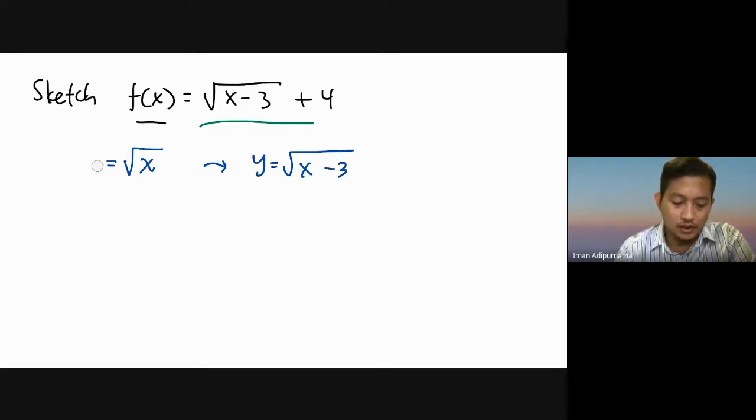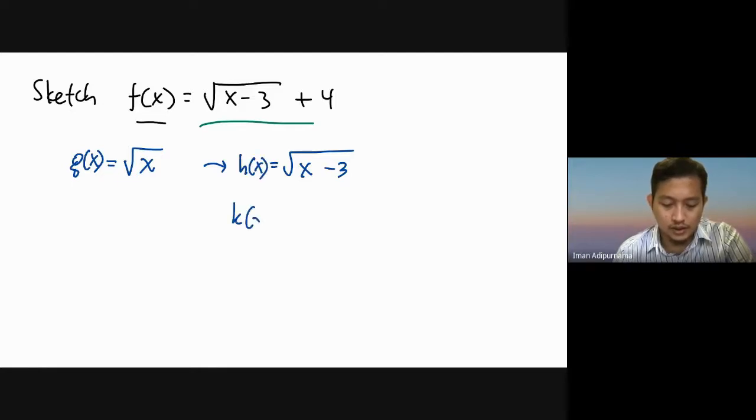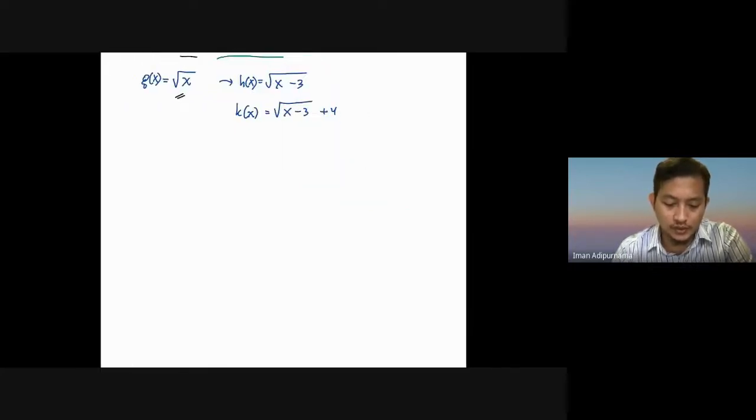Let me make a name for it. Let's say we have g, and then this is h, and then this is k. So first we can make the square root of x.